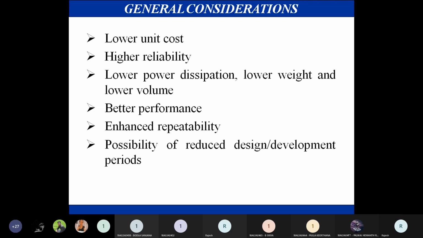The same entities are covered for subsystems, lower unit cost, higher reliability, so high performance. Okay, so whatever you design, it is highly reliable and it is meeting the requirement. Lower power dissipation, lower weight, and lower volume, and better performance, enhanced repeatability, and reduced design time. So these are the general considerations for subsystems.